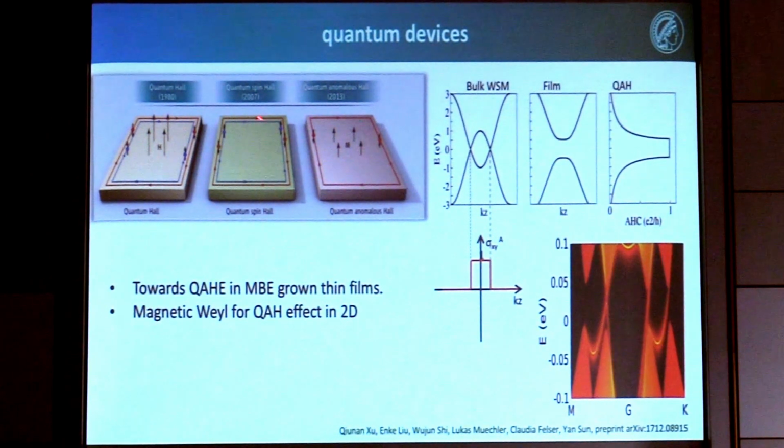So Laurens Molenkamp found in mercury telluride that you don't need a large field, so you can have the quantum Hall effect in a 2D layer of mercury telluride because of spin-orbit coupling. You get the edge states, protected edge states, even without a field.